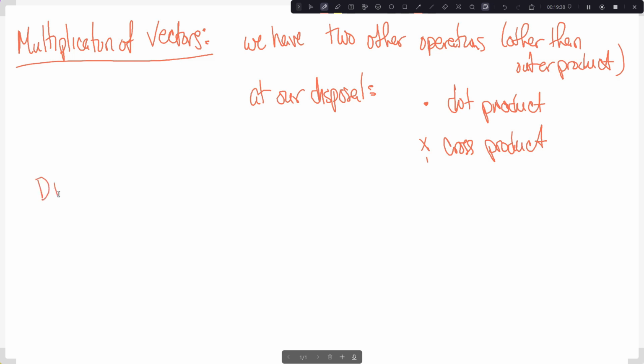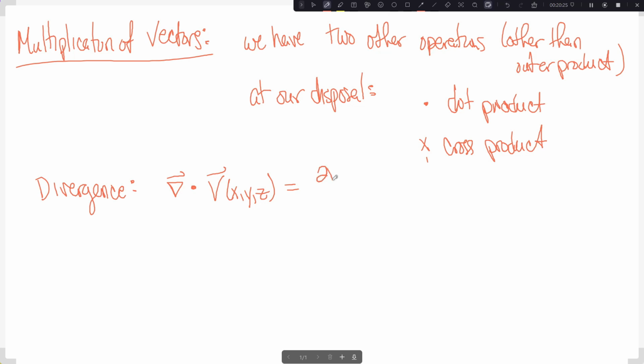So divergence is the dot product of the gradient with a vector field. And if we computed that out, we would find that it's partial v1 partial x plus partial v2 partial y plus partial v3 partial z, which would also happen to be the trace of the Jacobian, if you recall the definition of trace.